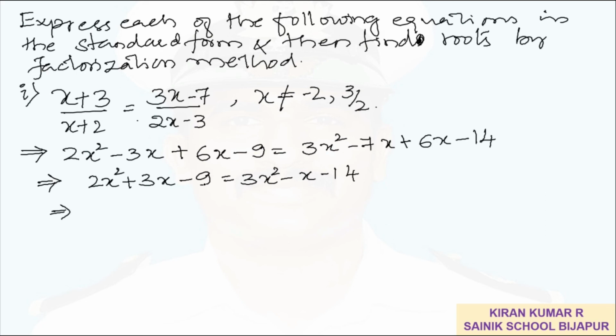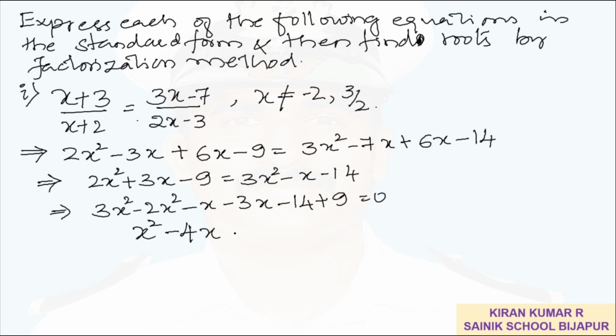Now let me take all these terms to one side. I'll be getting 3x² − 2x² − x − 3x − 14 + 9 = 0. This will be x², and this will be −4x, and this will be −5 = 0.